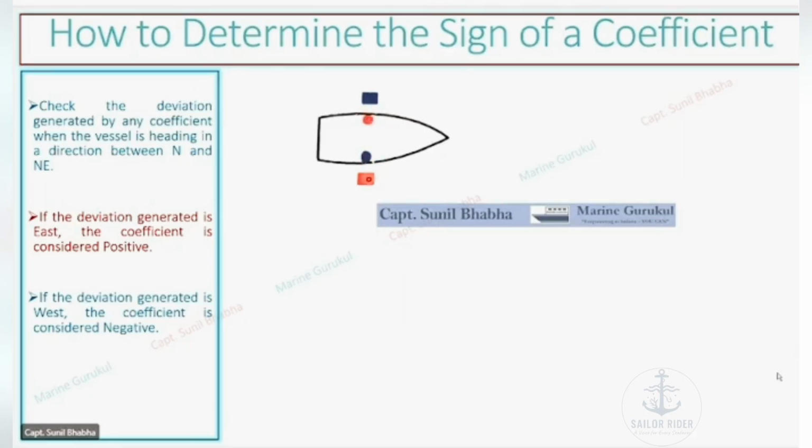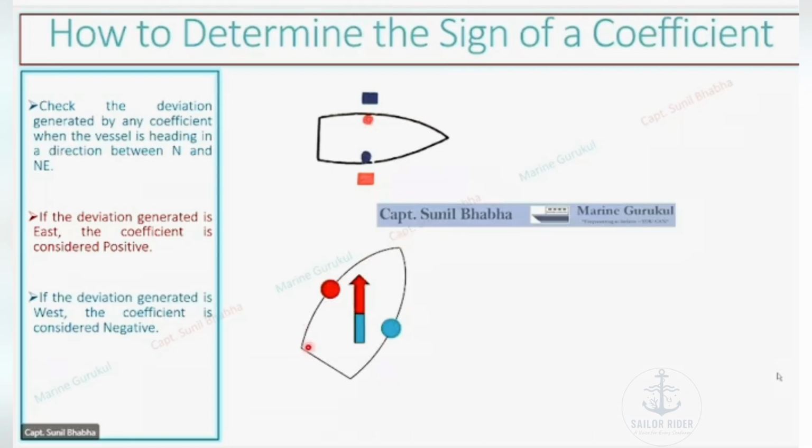Lines of force come out of the south pole or the red pole of the earth, and they enter into the north pole or the blue pole of the earth. So a ship which is built on an easterly heading is going to have a blue starboard side and a red port side.